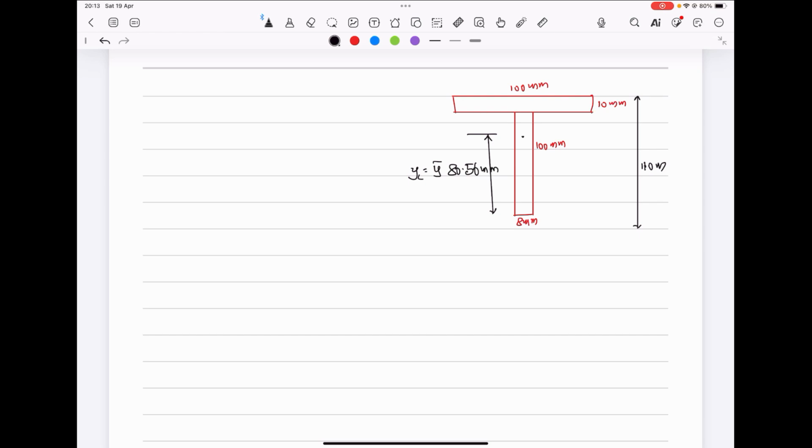Now, this is the center of gravity of the total T-beam. Now we have to calculate Ixx and I center of gravity of the total beam.